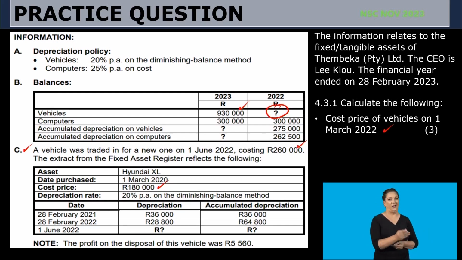Okay, so what they want us to do is to calculate that question mark, knowing that at the end we have 930, we have a new one, and we have one that we have disposed. To do that is very simple.